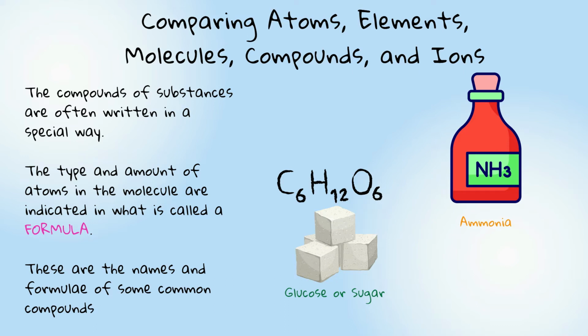In glucose, the formula tells us that there are 6 carbon atoms, 12 hydrogen atoms, and 6 oxygen atoms that make up the molecule. While in ammonia, the molecule contains 1 nitrogen atom and 3 hydrogen atoms.